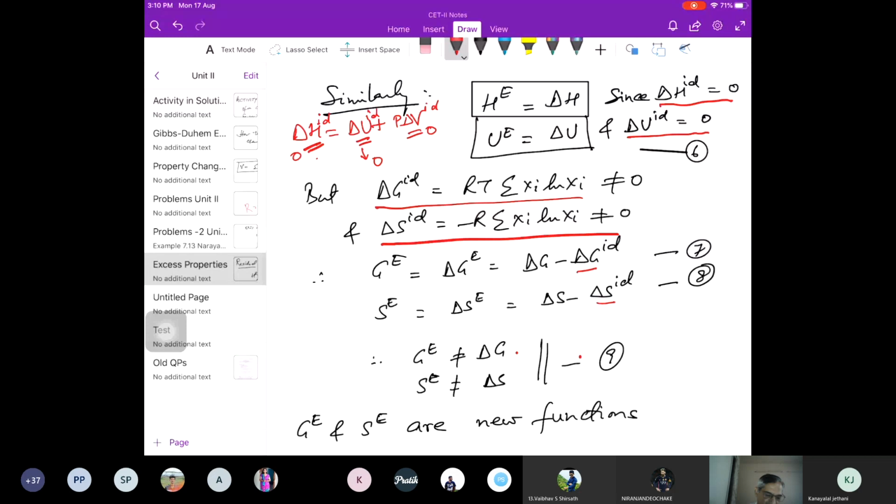Therefore, delta G xs is not equal to delta G. Okay? So G xs is not going to be equal to delta G, and S xs is not going to be equal to delta S. There are only two cases in which these excess functions and properties of mixing are equal.